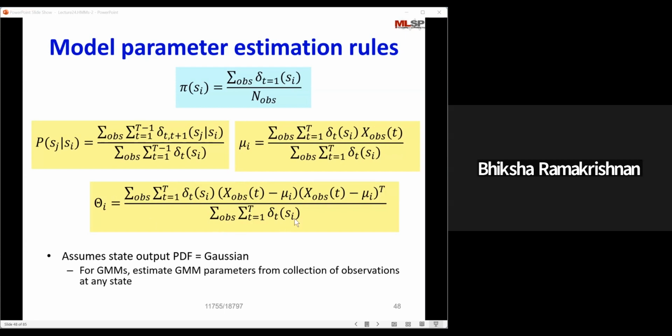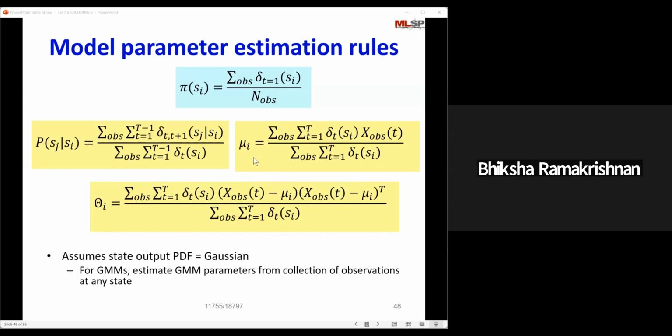The variance, again, I'm going over all observations, and if the state for the observation was Si, then I'm adding this centered outer product of the vectors. So this gives me the formula for the variance. Did these two formulae make sense to you guys?